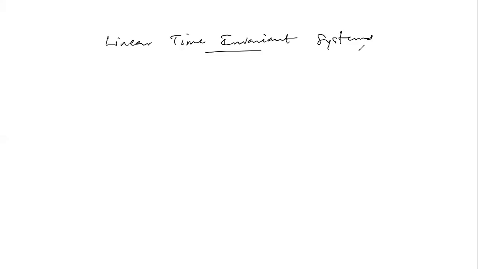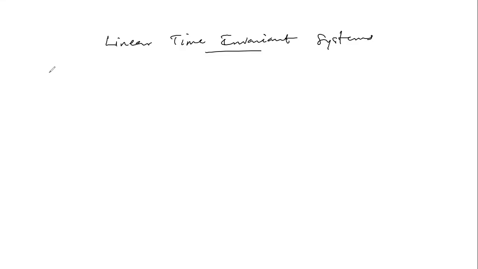So long as we are able to describe the continuous time system using differential equations, as we'll see shortly, the general solution, which consists of particular and homogeneous solution, applies. And now that we have to deal with LTI systems, we still have two parts to the solution, okay?